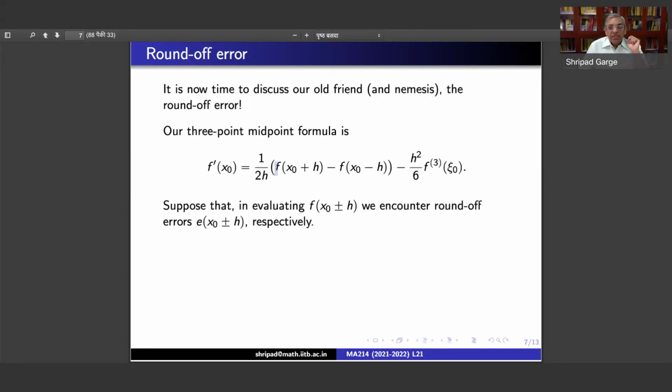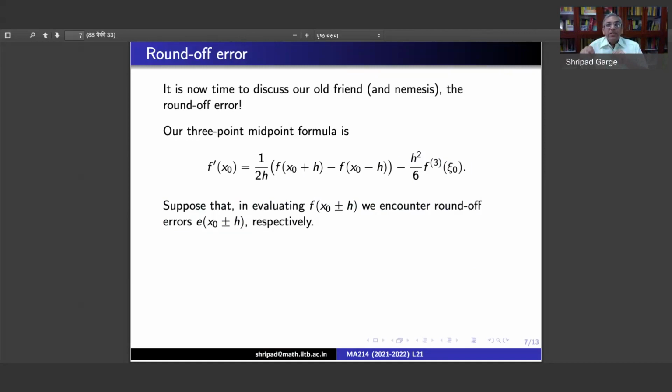So this f of x naught plus h is going to be computed. f of x naught minus h is also going to be computed, and in these computations we will encounter some rounding errors, because although typically the expressions will be infinite decimal numbers given by decimal representations with infinitely many digits, we are going to use only finitely many of them. So there will be round off errors. So suppose for f of x naught plus h, the error is e of x naught plus h.